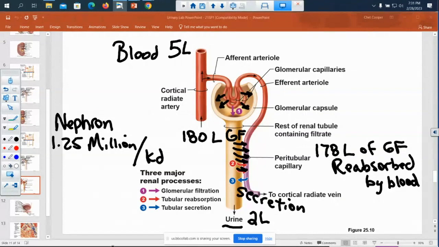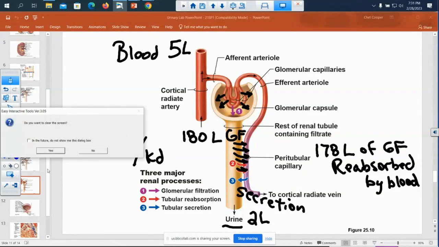Okay. Y'all got that? So now we can leave all this crazy nephron and go back to big organs. We'll go back to the bladder. So we're going to stay on this labeled version. Yeah, certainly I got that picture, didn't I?